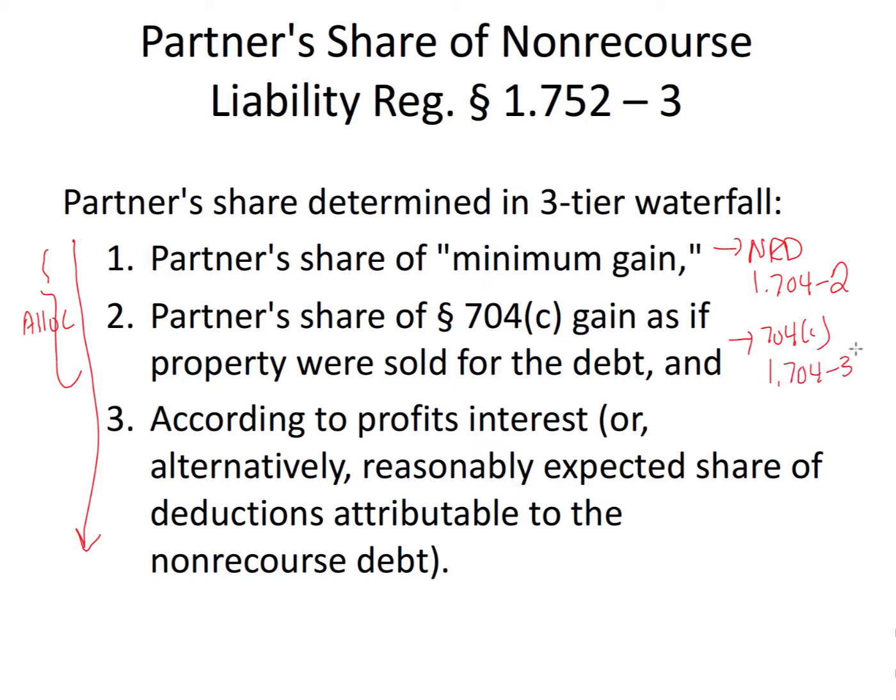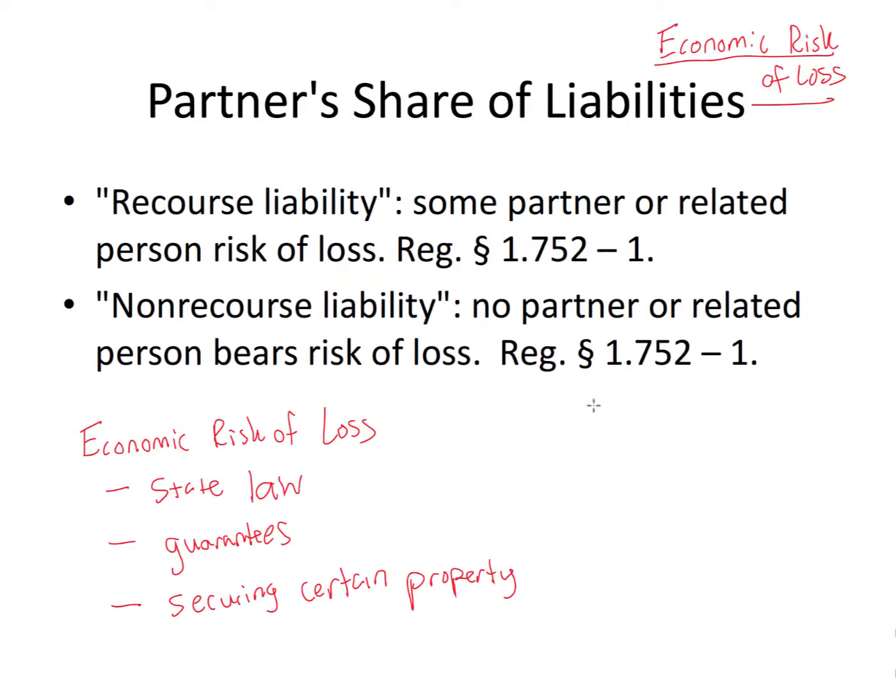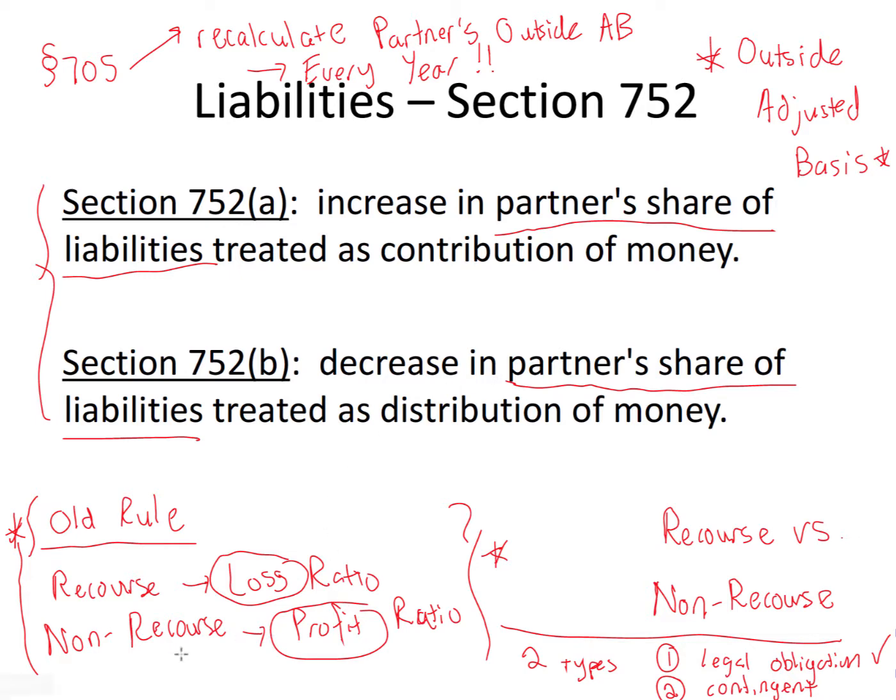So those were two of the special allocation rules that we learned. Finally, the last part is that we allocate according to profits interest. So there it is again, the old rule, our good friend, the profits interest that we talked about on the previous slide. Remember the old rule, non-recourse, we allocate based on profit. That comes into play again.